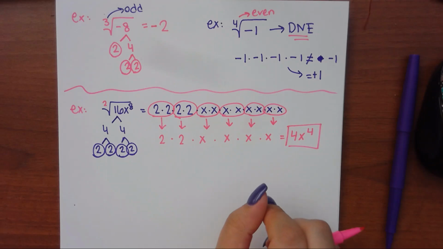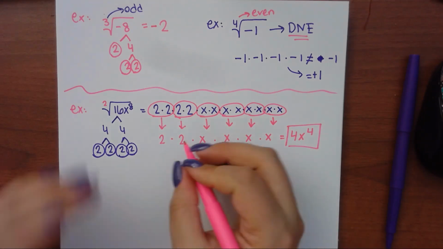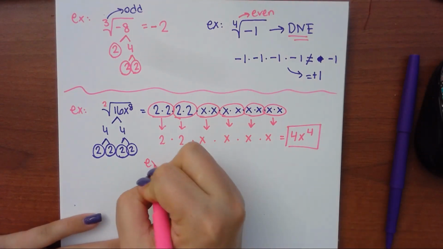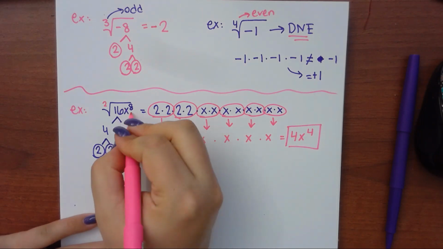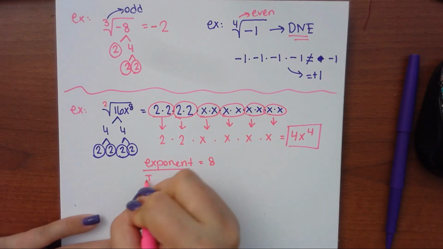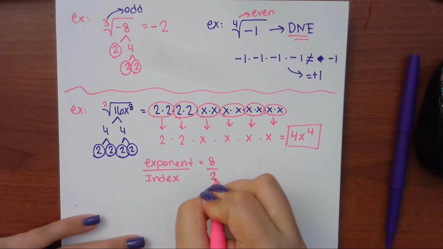So one way to look at this is to instead divide our exponent. So take our exponent that's inside the radical, so in our case exponent is 8, and divide it by our index. And our index in this case was 2. That should give me 4.